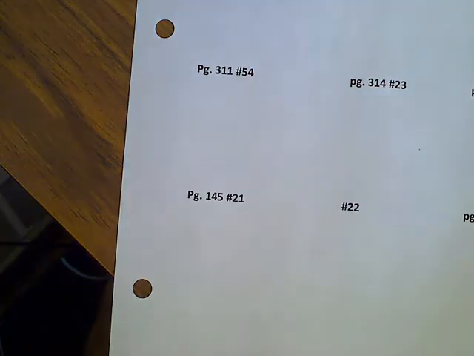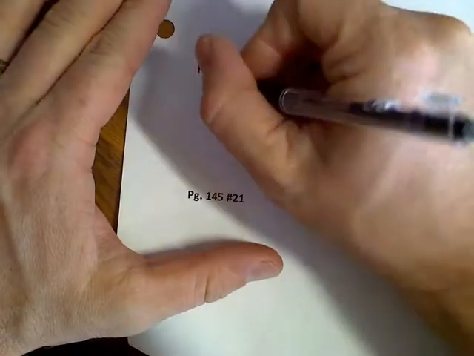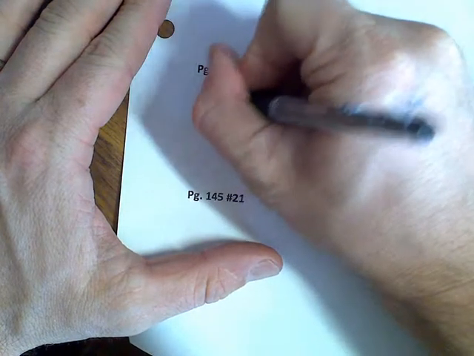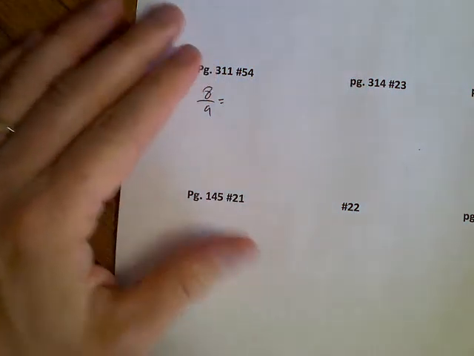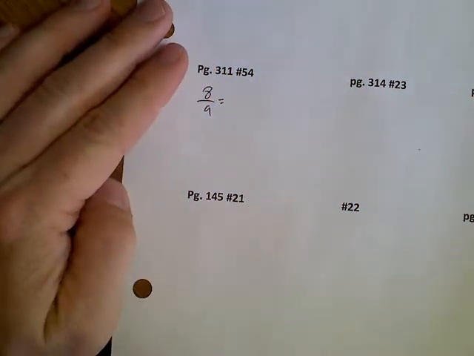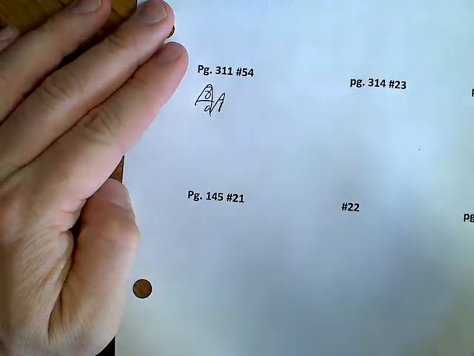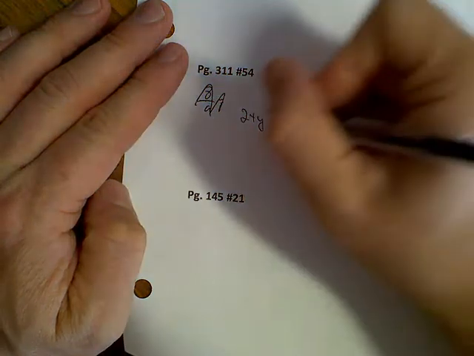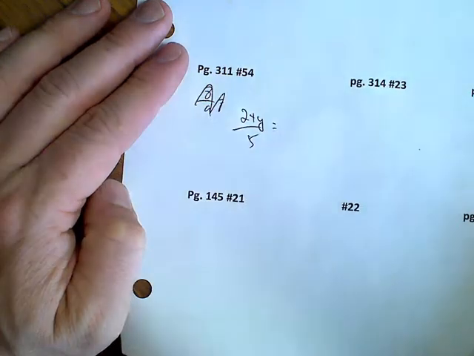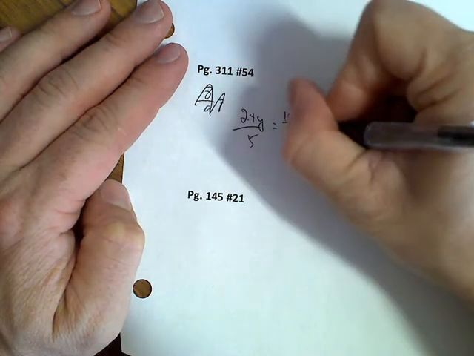Number 54. I give you 8/9. Sorry. 54, I give you 2 plus y over 5 equals 10/3.